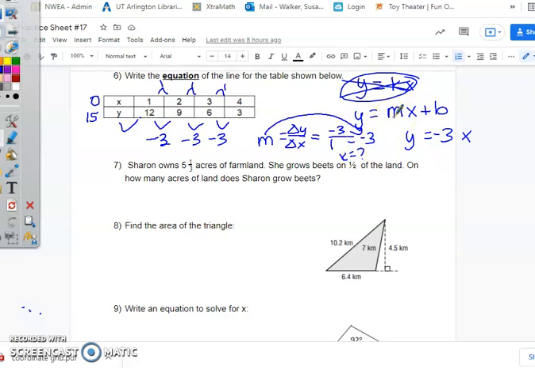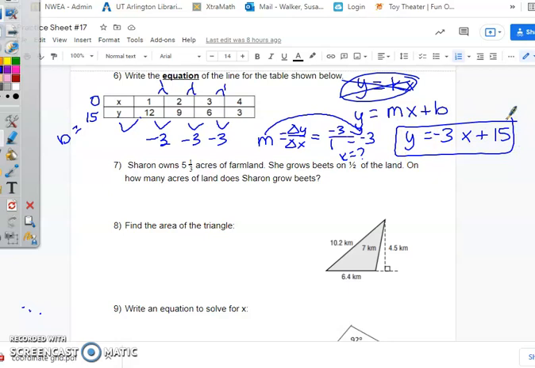Now I need b. Remember, b is the number that tells us the table is not proportional. The number that tells us it's not proportional is 15. So that is b. Okay? So plus 15. That is b because it's positive. So this is my equation.